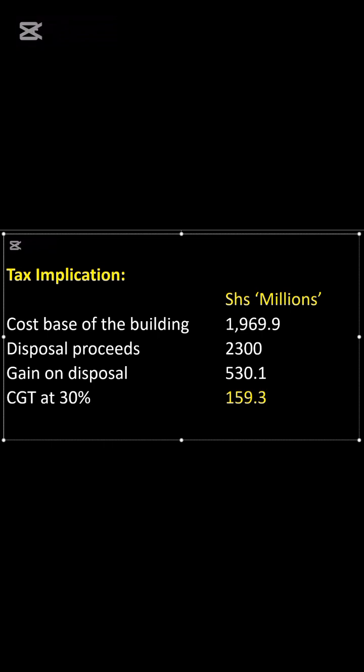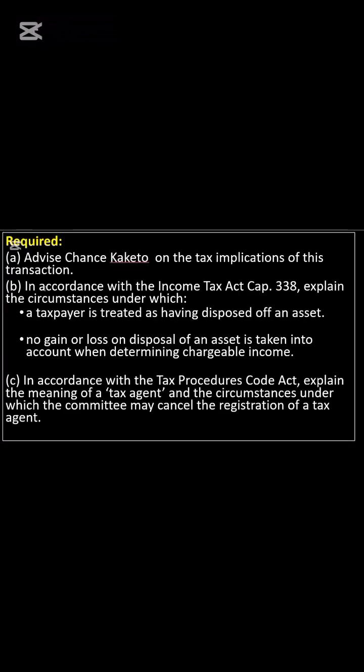Let us look at D. He was asking us the conditions, the circumstances under which a taxpayer is treated as having disposed of an asset. Now, I think there are very many circumstances. One, when a taxpayer has sold.